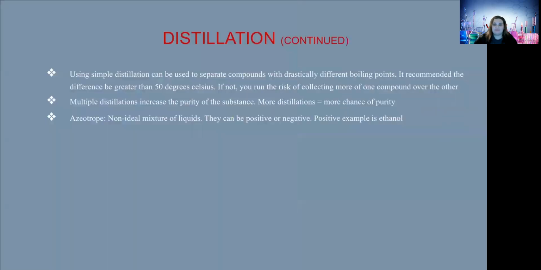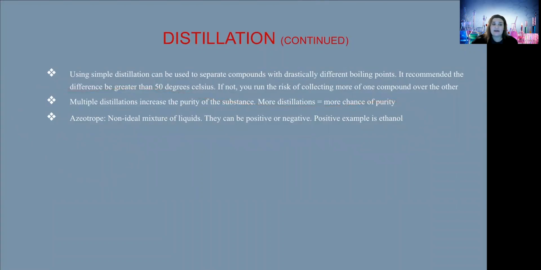Okay, let's keep going. Simple distillation can be used to separate compounds with different boiling points. I already said, you definitely want to have a greater than 50 degrees Celsius range between them. The more distillations you do, the more chance of purity. And then in his lecture, he slightly described azeotropes. Just know that a positive example of an azeotrope is ethanol.